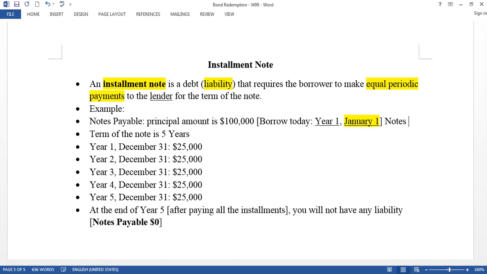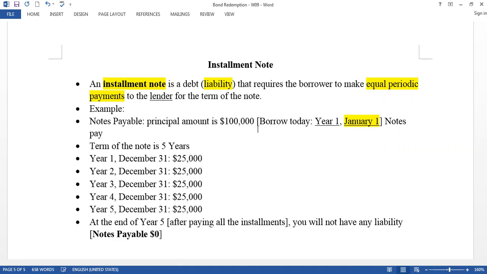Today notes payable is $100,000. So try to understand. This is year 1, January 1st. What is the amount of notes payable? What is the amount of your liability?